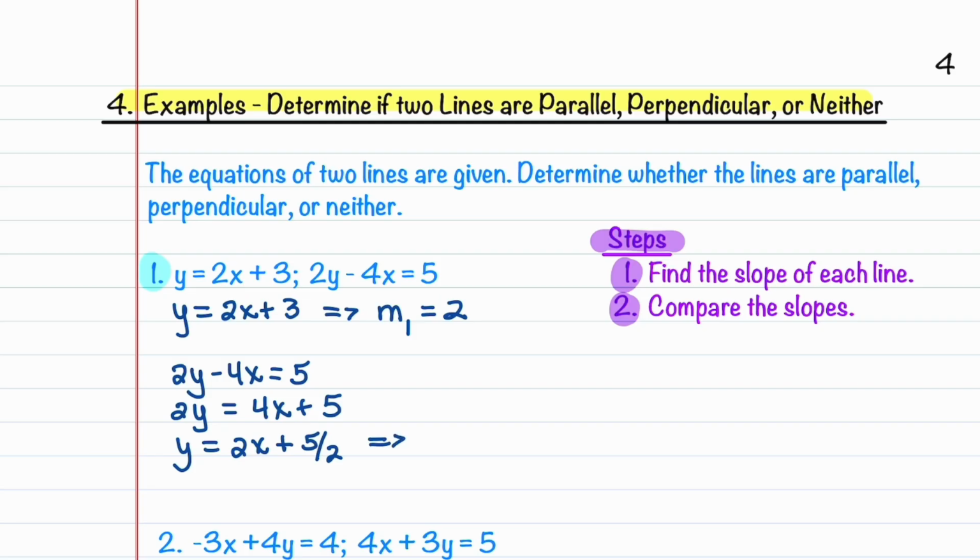And that tells us that our slope, which I'm going to call m2 because it's our second line, is equal to 2. That's just the constant that's multiplying x. Notice that our two slopes are the same, and because the two slopes are the same, we can conclude that the lines are parallel.